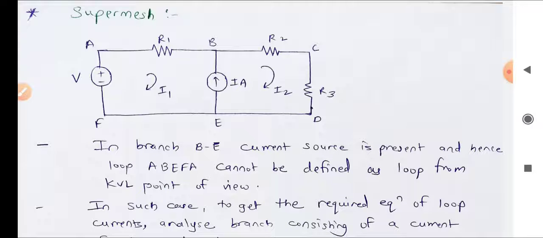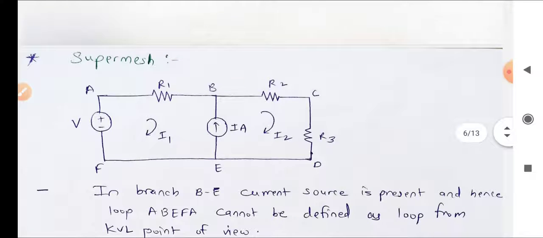So we exclude that current source and write the KVL equation for the other elements in the network. Whenever we exclude the current source, first of all we express it using the loop currents present in that particular network.